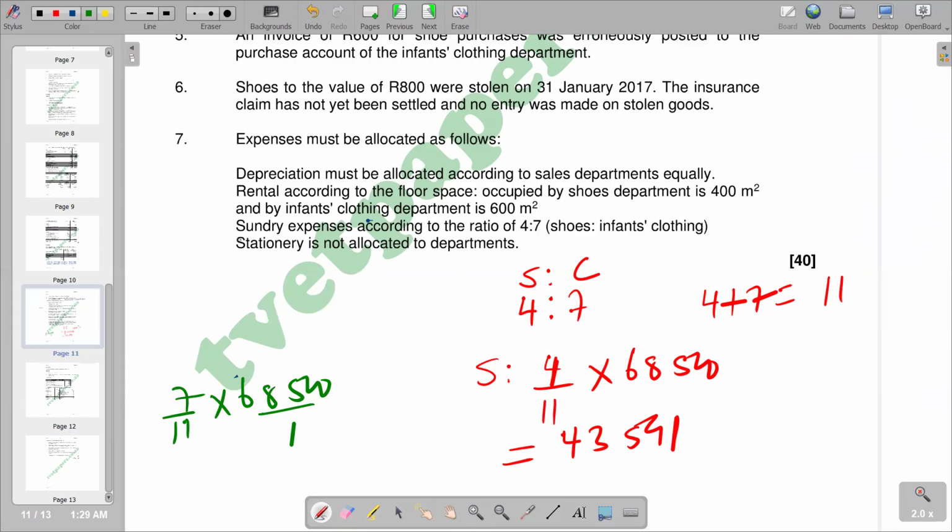So if you calculate the year, you're going to get it as 43,591. See what figure do we get. So let's recalculate it whereby we say 4 over 11. You're going to get it as 24,909 to the nearest rand.